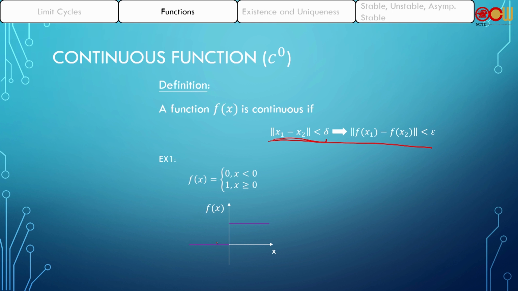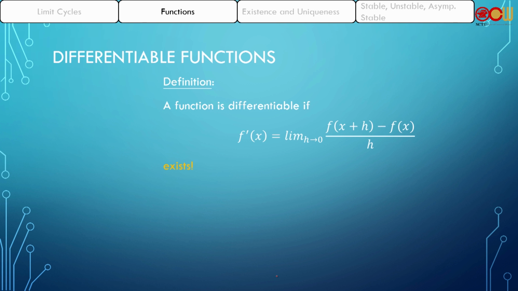Because on the left-hand side of x equal to 0, denoted as 0 minus, a little bit to the left, it's 0. On the right-hand side, 0 plus, it's 1. In other words, it cannot jump. How about the next example? Is it continuous? How about the next?